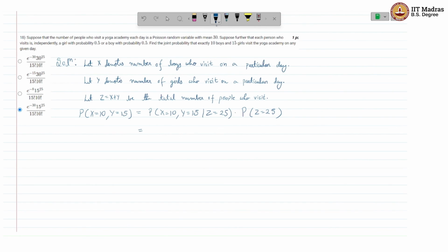So as z follows Poisson distribution with mean 30, on simplification we'll get probability x is equal to 10 and y is equal to 15, given z is equal to 25, into e raised to the power minus 30, 30 raised to the power 25 divided by 25 factorial.